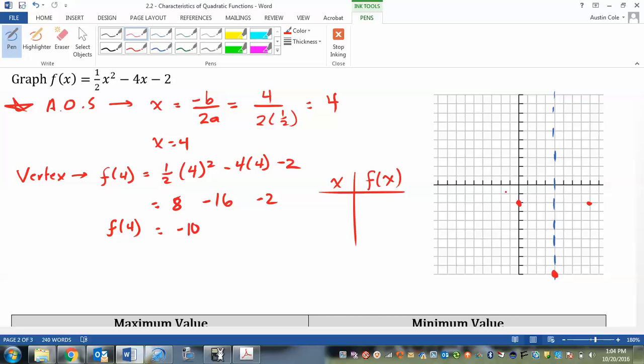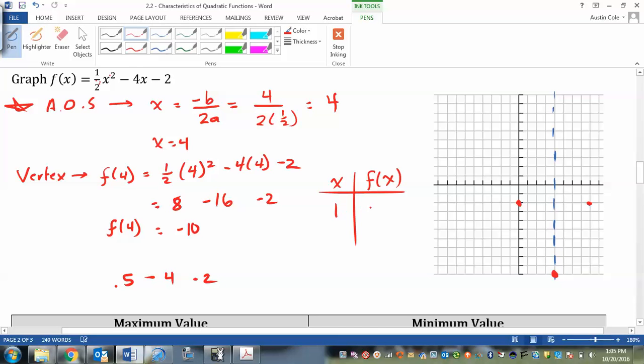Okay, now if I plug in 1 here, what's 1 squared? 1. What's half times 1? 0.5. So this is going to be 0.5. Minus, what's 4 times 1? 4. Minus 4, and then minus 2. So what's 0.5 minus 4 minus 2? Negative 5.5.